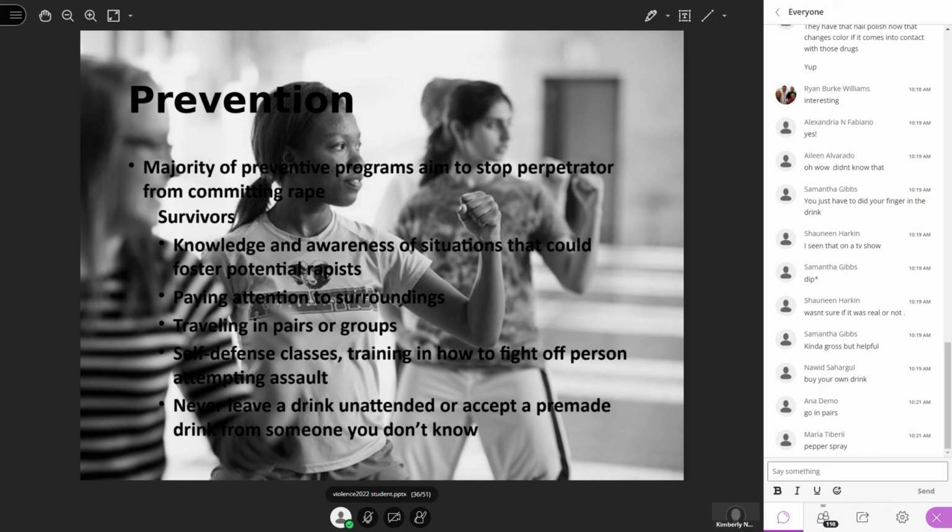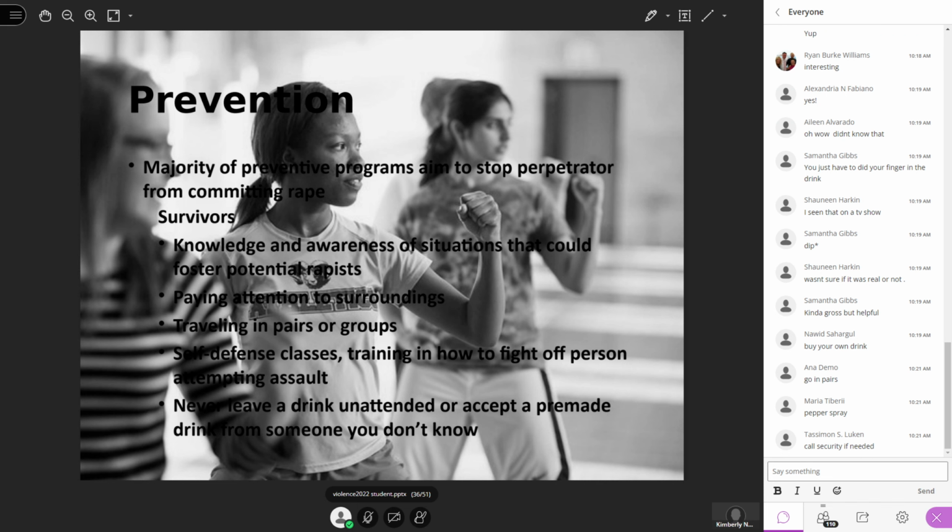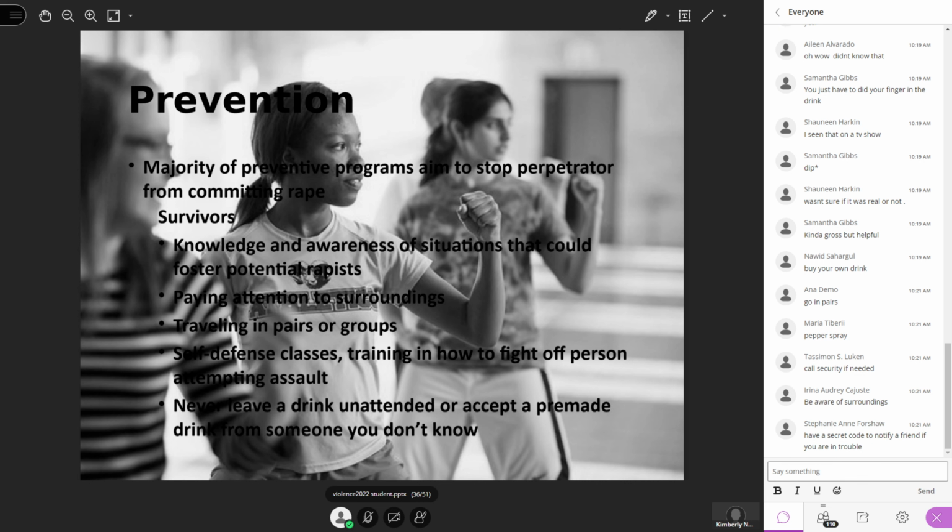Pepper spray. Call security, right? Always know the emergency number. 8114 on campus will get you to security. Dial 911 if we can, or text if you cannot.